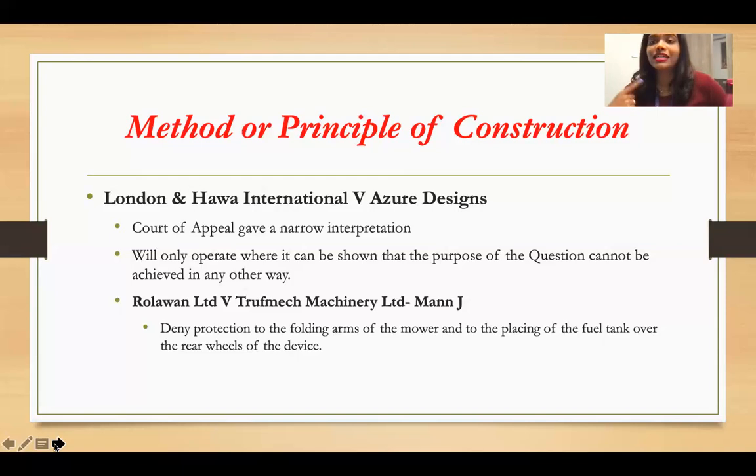Because if I allow you to protect that method, of course, I am trying to not allow any other designers to use that method, which will come back to the same basic where I said we have this whole idea of unregistered design rights because we don't want people to monopolize the market.